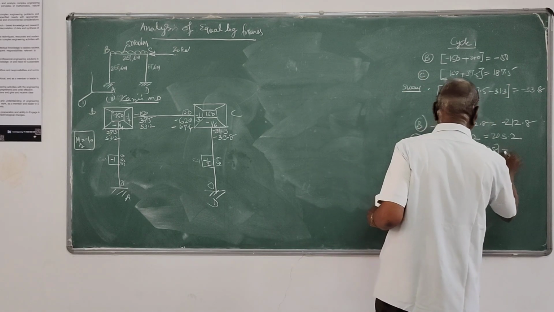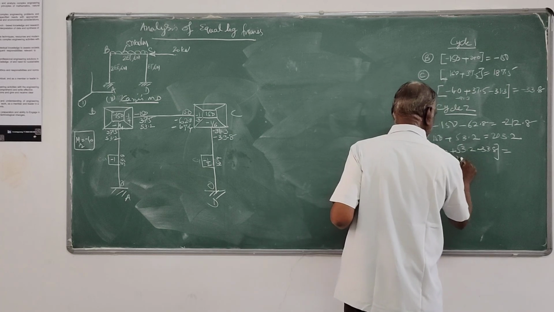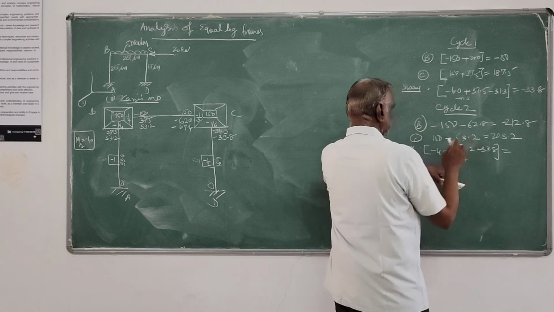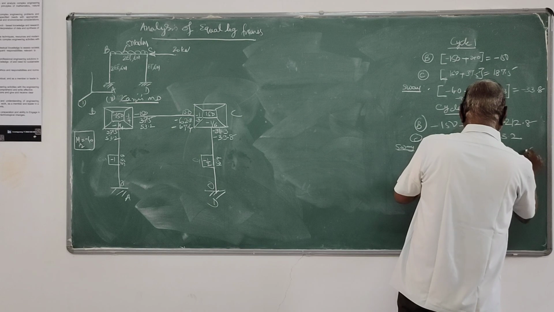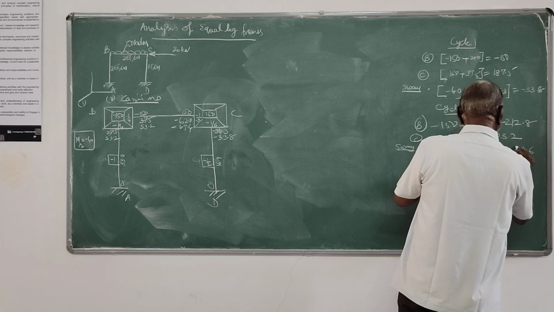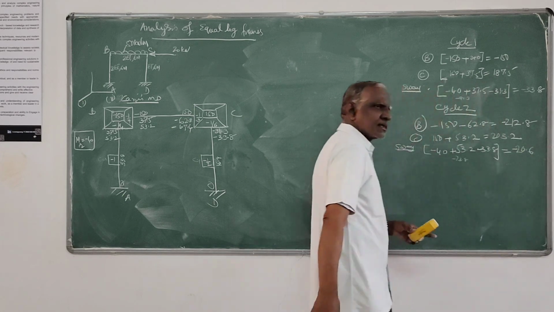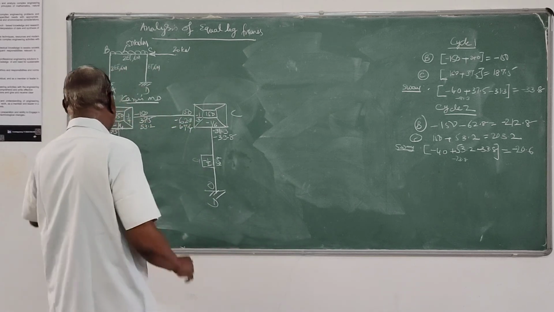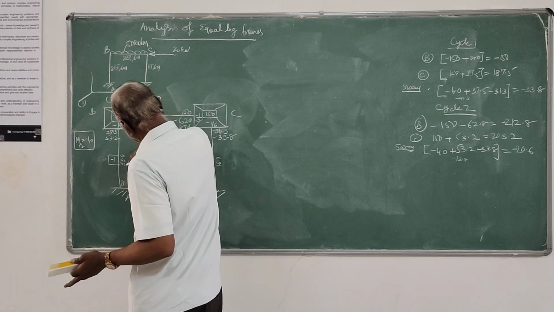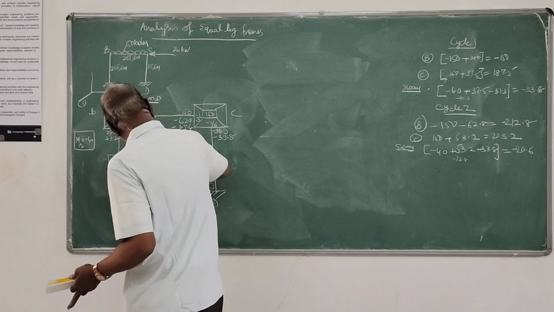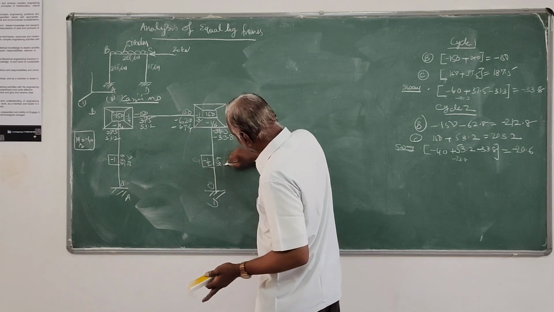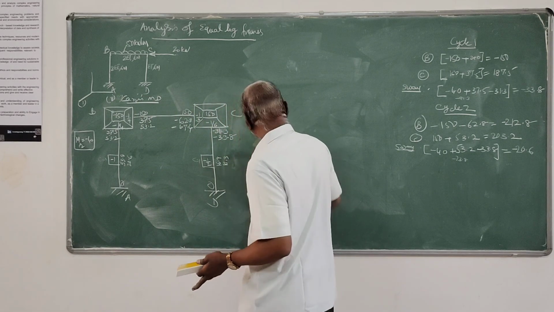Okay, this sum is minus 20.6. That multiplied by minus 1 gives 20.6. Half of that value is 10.3. This is cycle 2.